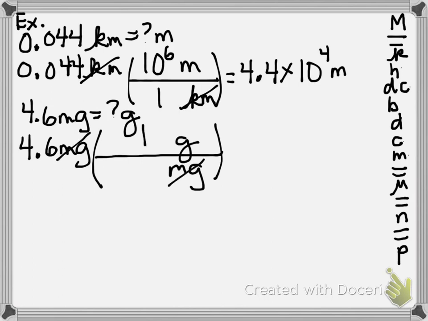A gram is larger. It's 1,000 milligrams, which means we're going to be doing division. So our answer is 0.0046 grams.